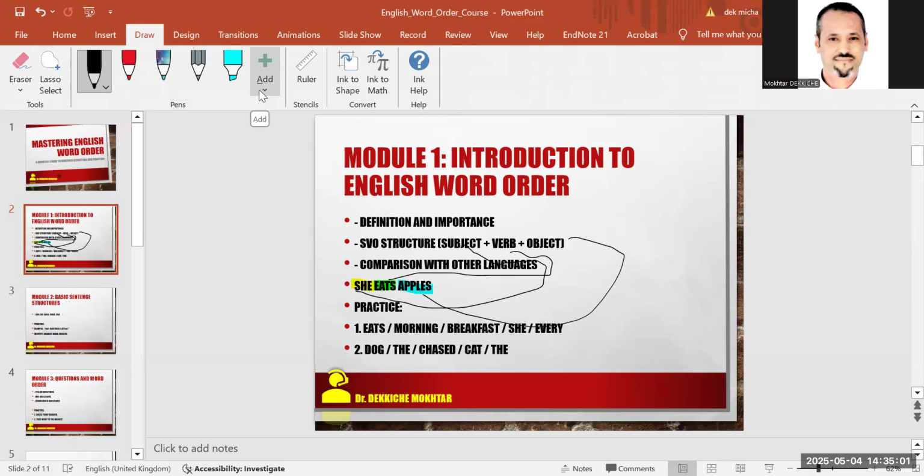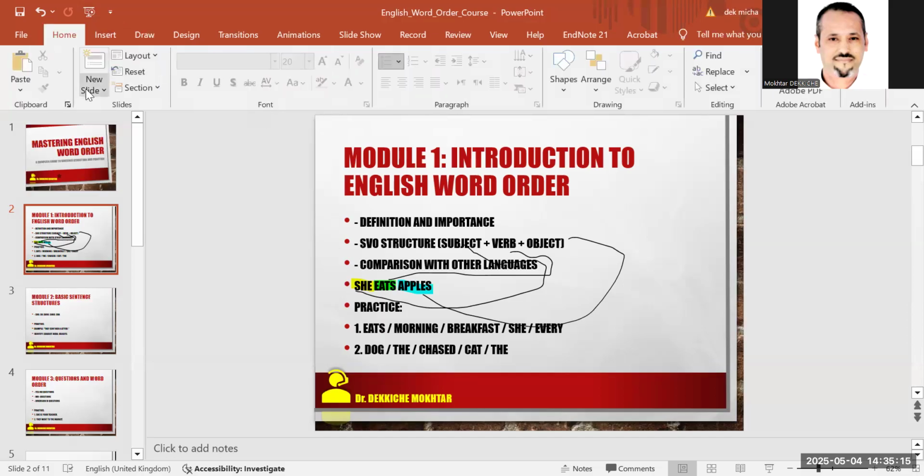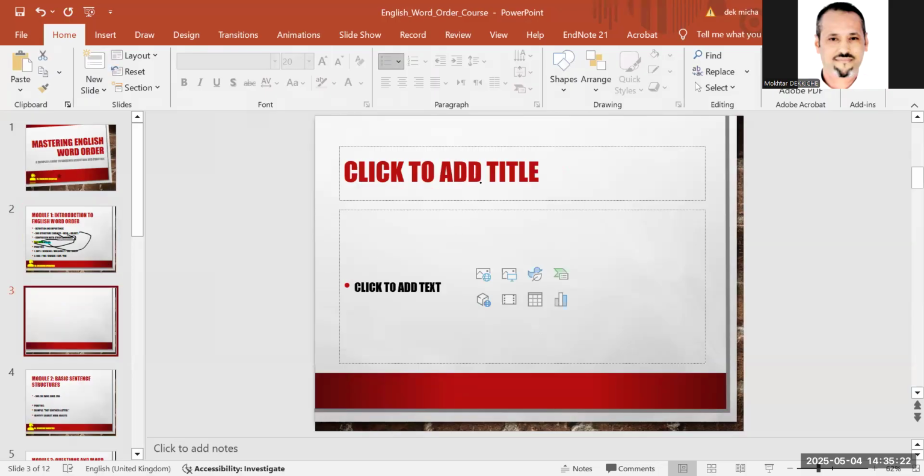In Arabic, for example, it is common to start with the verb, while in Japanese, the order is often subject, object, and verb. Is it clear? Let's add here a slide. If comparing, sorry. Pause.